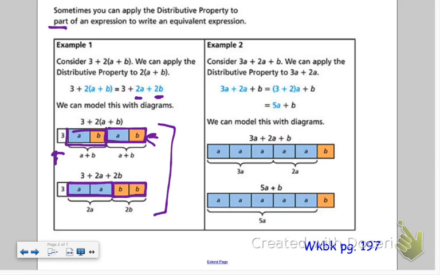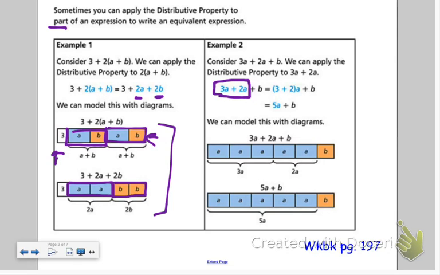Look at example 2. Here we have 3A plus 2A plus B. So this time we don't see any parentheses in there, but if you look carefully, you notice 3A and 2A actually have a common factor, the common factor being A. In this case, you can pull out that common factor and rewrite the expression with parentheses.